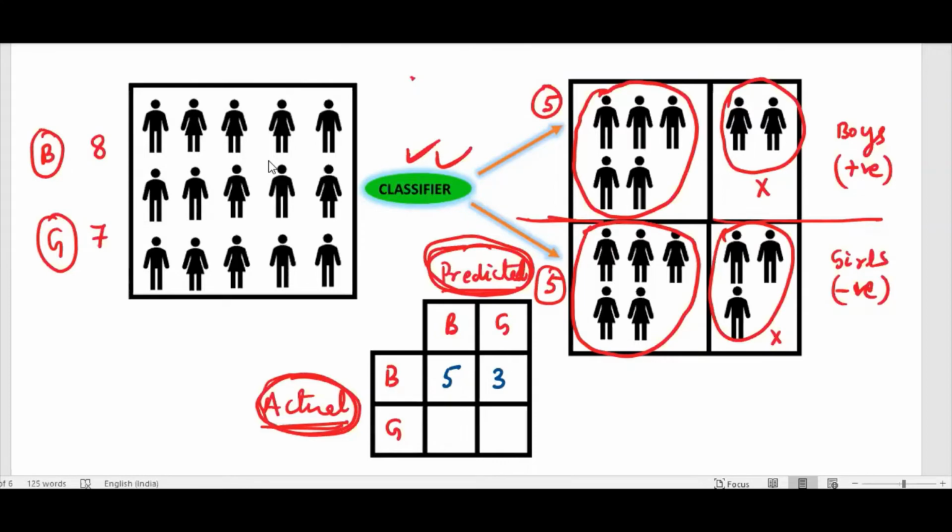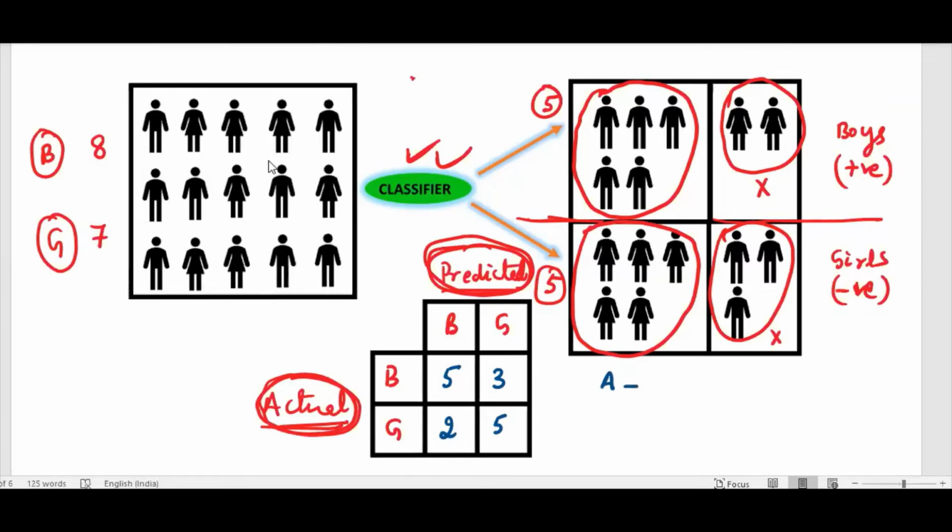Okay, 3. Then 2, sir. The actual was girl, but it predicted boys. These two are predicted boys, but they're actually girls. Fine. So 5, then 5.